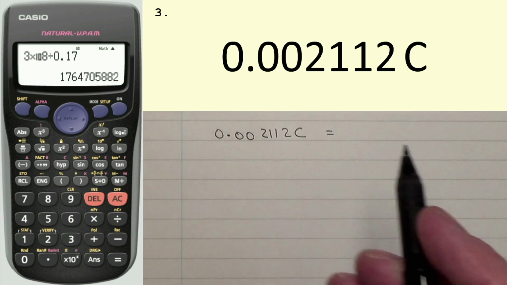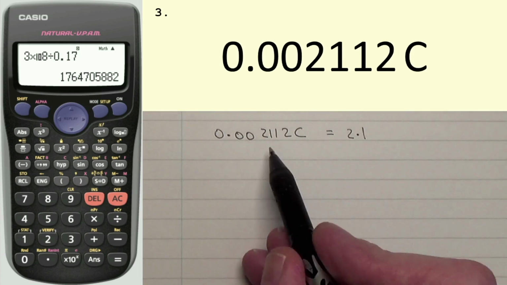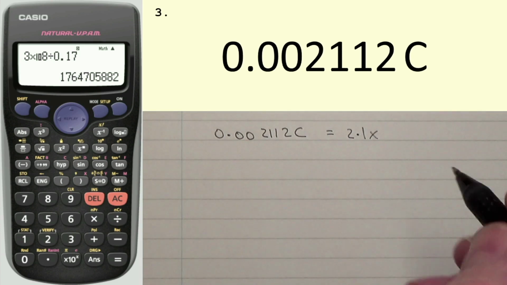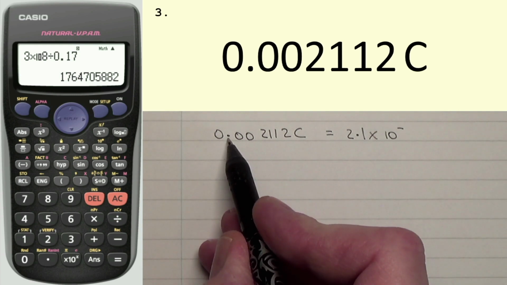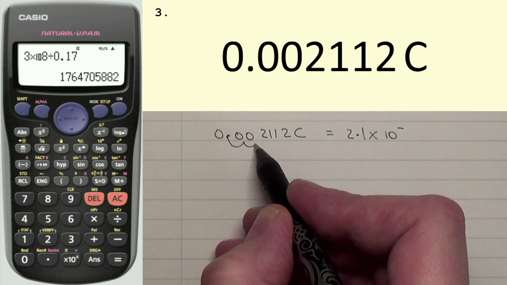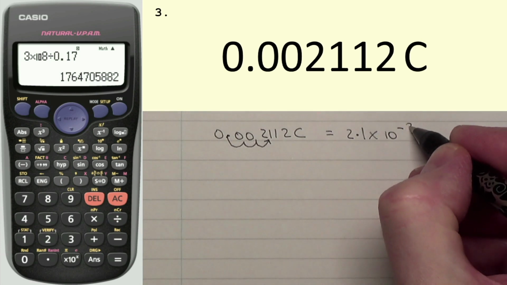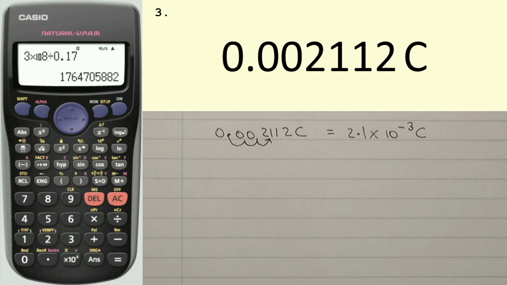This is obviously less than 5, so I just need to write the first 2 with the point between them. So it's 2.1 times 10, and obviously it's a small number. So it's going to be times 10 to the power of negative something, and I need to get this point between the 2 and the 1 here. So I'm moving it 1, 2, 3 positions. So 2.1 times 10 to the minus 3, and as I said, it's a charge in coulombs.